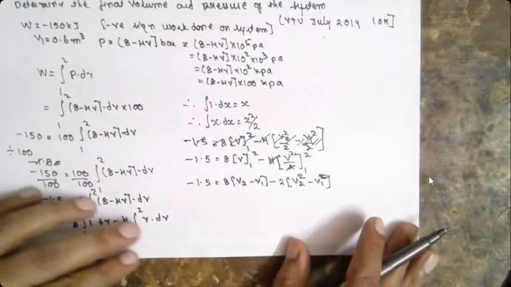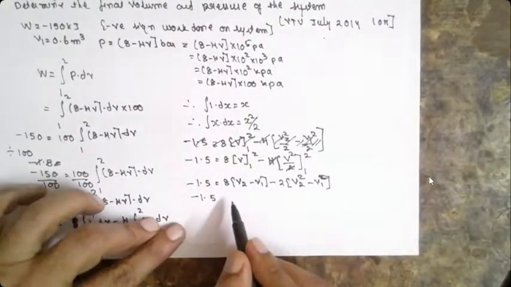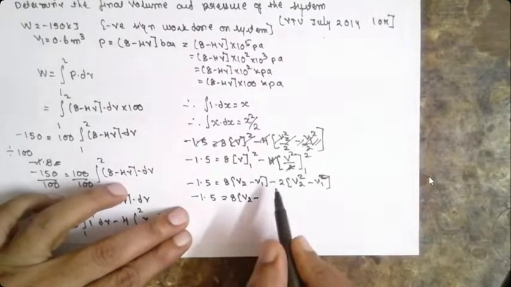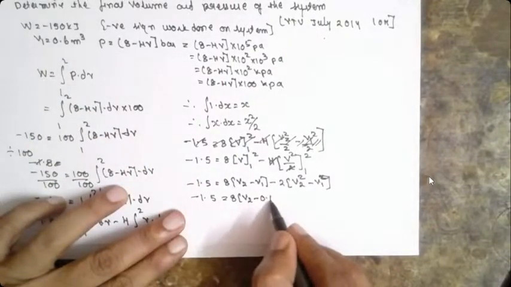Further, minus 1.5 is equal to 8 v2 minus 2 (v2 square minus v1 square). We know that v1 value is 0.6.